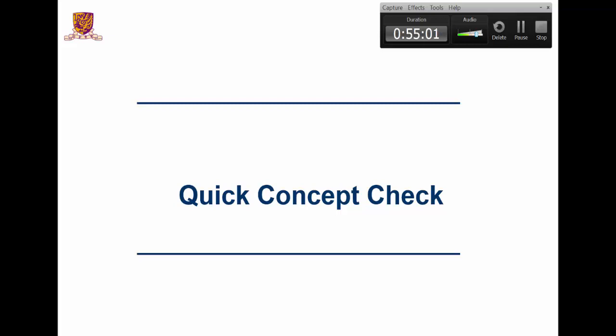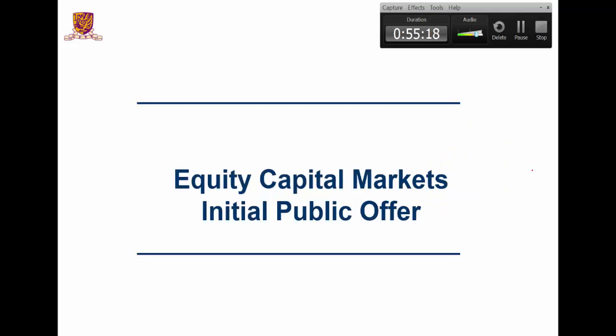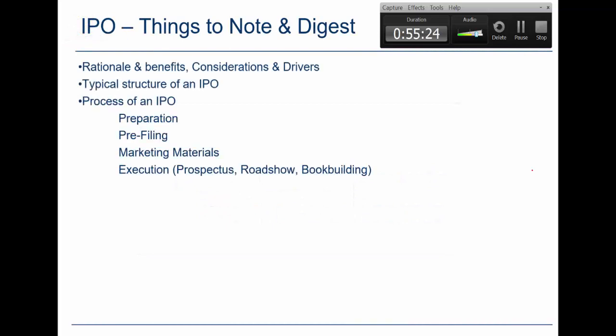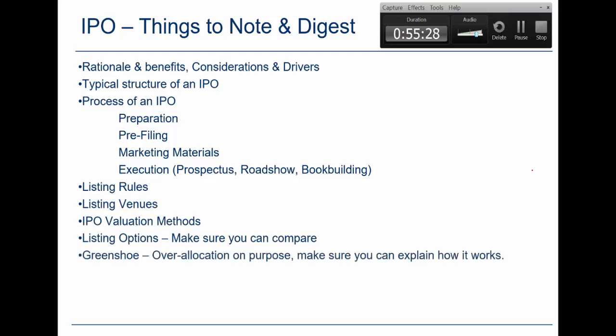But always remember the three golden questions: the what part, what is something; why are we doing that; and how do you do it. And you see what I mean. I'm going to show you now for equity markets, for IPOs. I think this is the minimum list of things you should know.